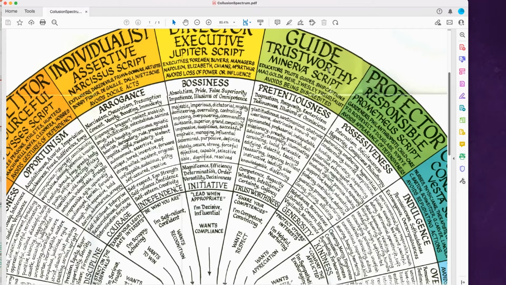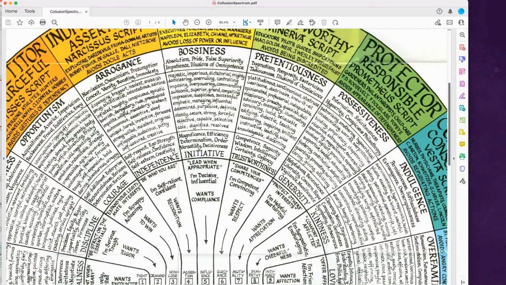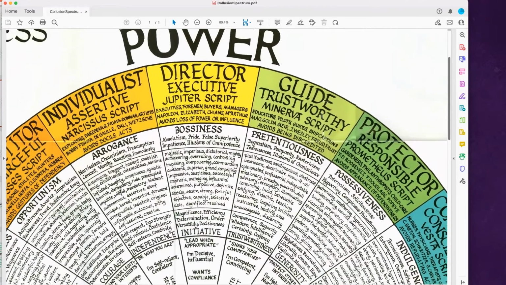That's what they're all about. Lead when appropriate. I'm decisive and influential, and all I really want is for people to comply. So it's interesting that for that to be as far outgrid as you could go, that dictates the rotation to 90 degrees. And I'm not convinced there.